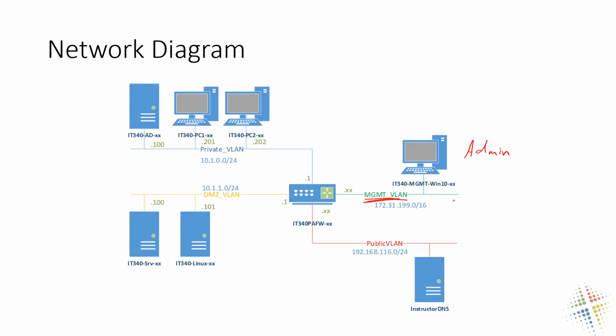So when it is trying to download updates, when it's trying to get access to the admin page, or anything else that it might need to do, it mostly goes through the management VLAN, and this includes talking to domain controllers.